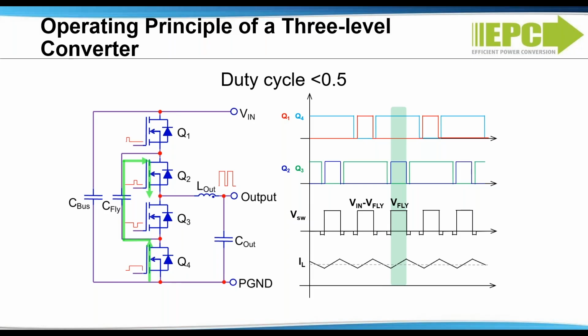The flying capacitor charges up the output inductor. And at last, Q2 turns off. Q3 turns on again. Current commutation always happens between Q1 and Q4, and Q2 and Q3. In this way, the frequency seen at the switch node and the input is twice the switching frequency.